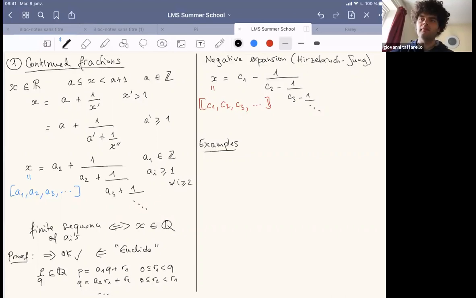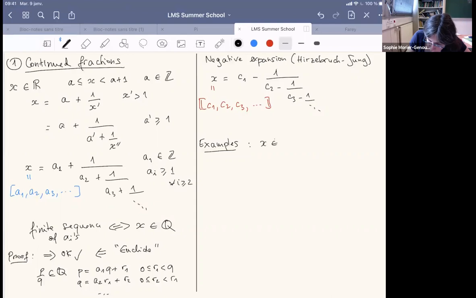And so, okay, if you want to think of an irrational, one that can come into mind, maybe the golden ratio. And this one has a very simple expansion as a continued fraction. You maybe already seen that. It's just the expansion with the ones. So it's the infinite sequence of ones that will lead to the golden ratio number.